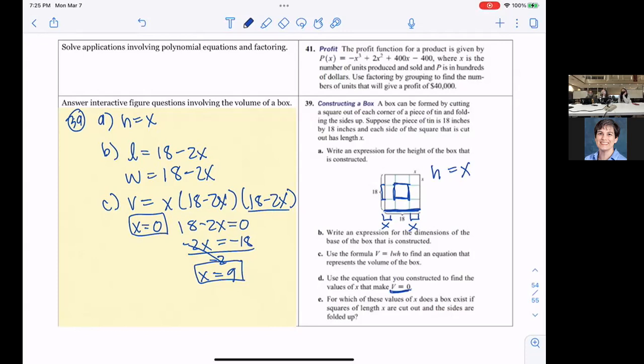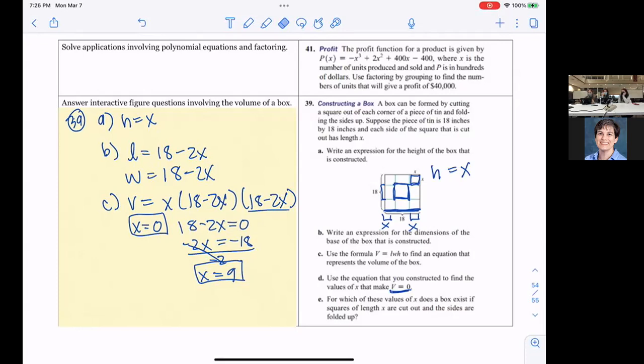It's talking about the values from part D. So for which of these values of X does a box exist? The answer is neither.